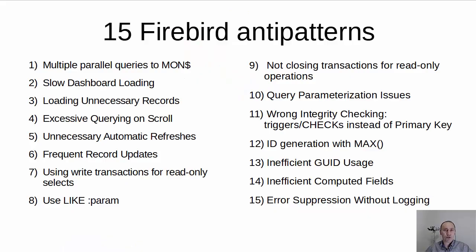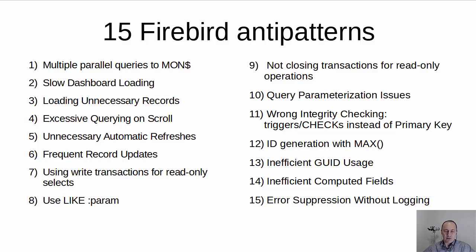I decided to start with these 15 anti-patterns because they are really frequent. In our practice, I see a lot of situations when developers make these mistakes and implement these features in a way which affects Firebird performance and other things.